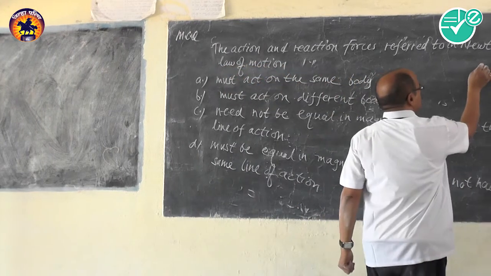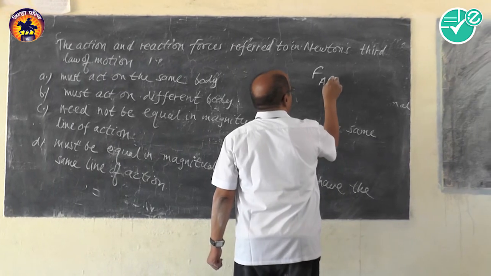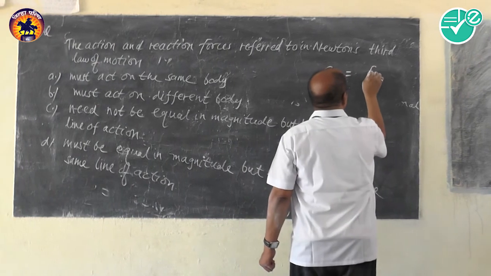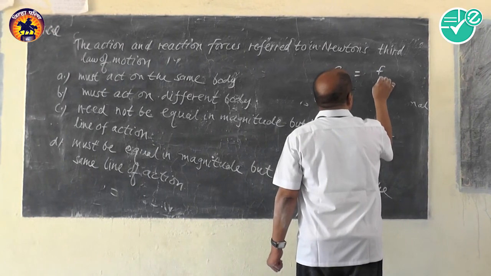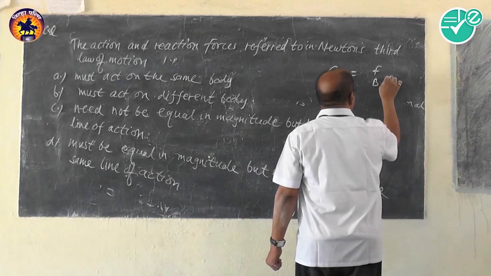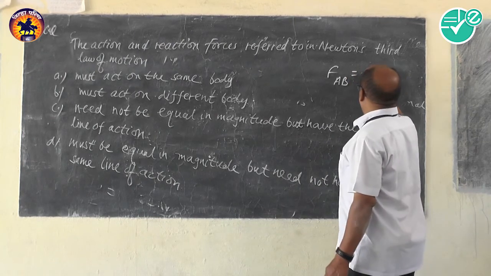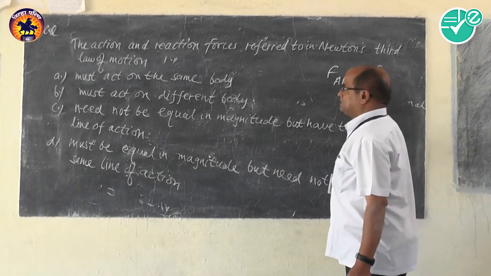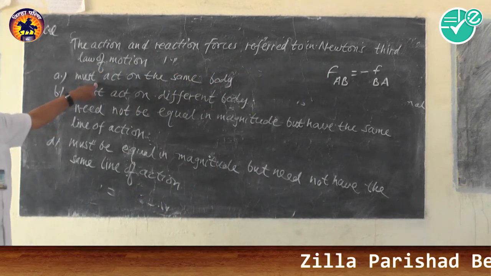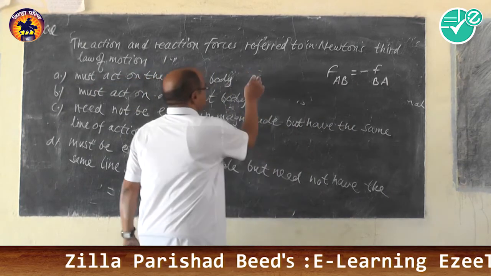Before that I explained that the force applied on a body A by B is exactly equal to the force applied on body B by A, but in opposite direction. So this is not possible if the body is the same, because here two different bodies A and B are given. So this is wrong.